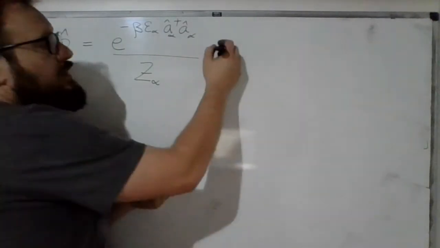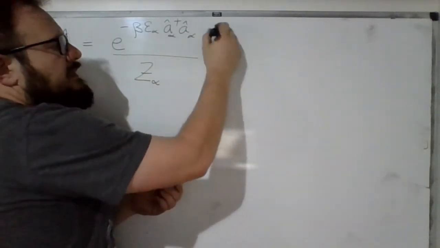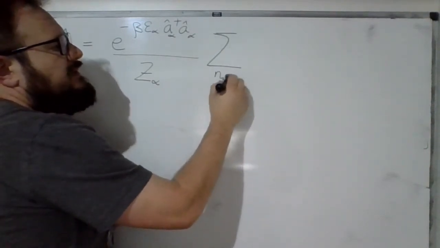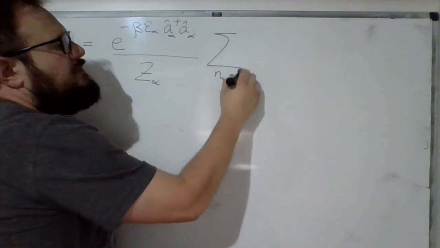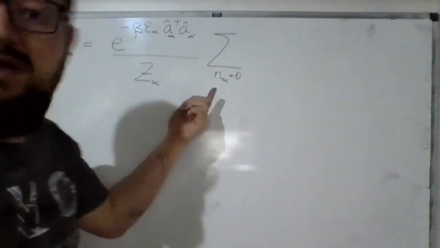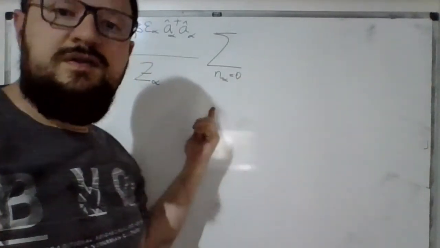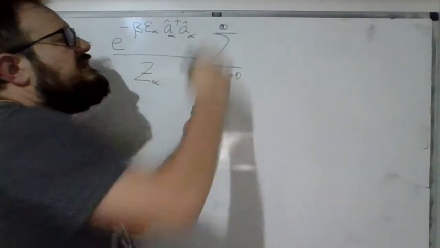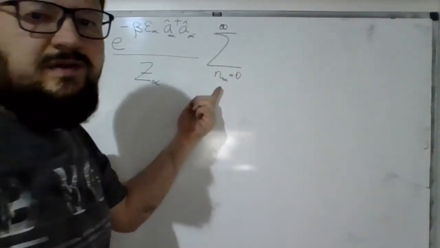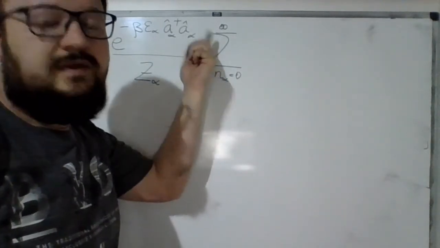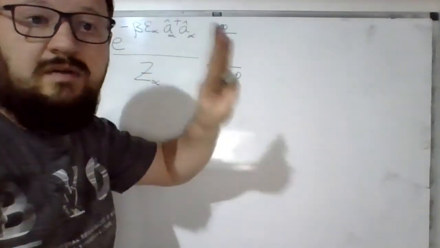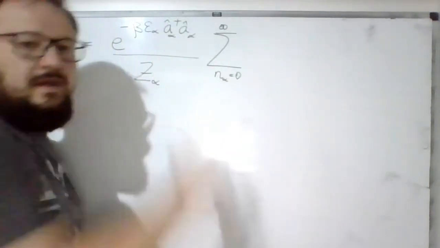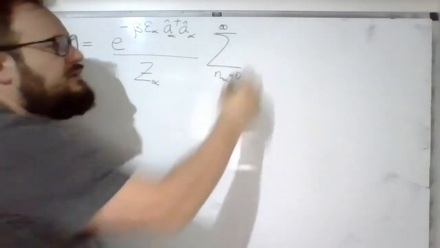And now we will insert a summation over the numbers in the state alpha. For bosons, this summation runs from 0 to infinity. For fermions, this runs from 0 to 1. This is really the only distinction between bosons and fermions in this calculation.